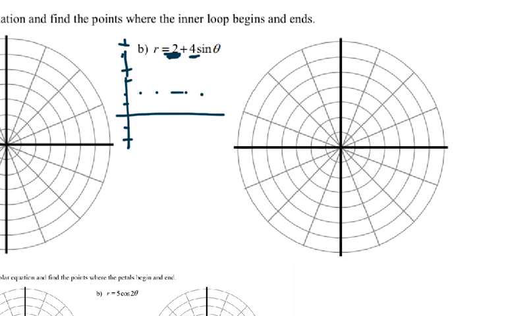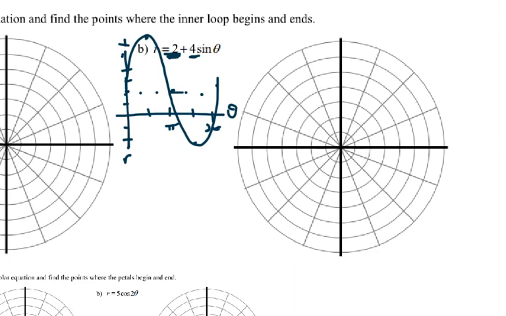This is our pi and 2 pi, theta and r. Okay, so it's sine. Sine starts at the sinusoidal axis and then goes up and then down. So it looks something like this.